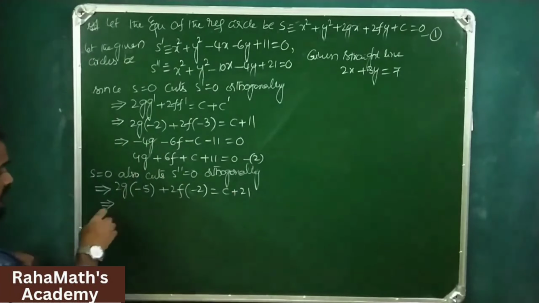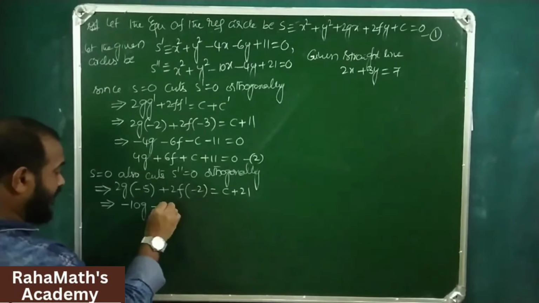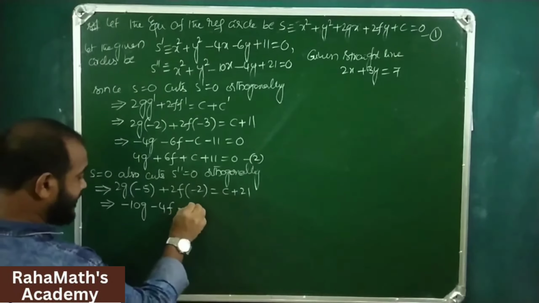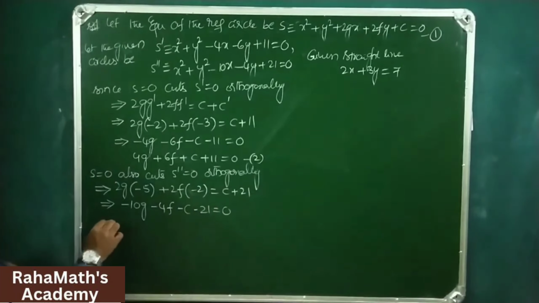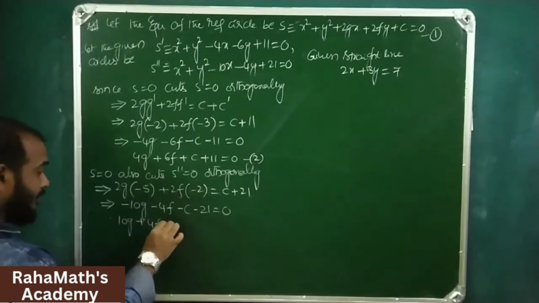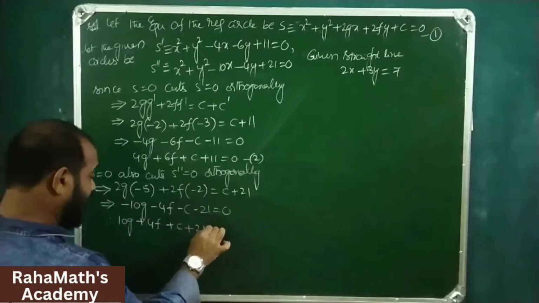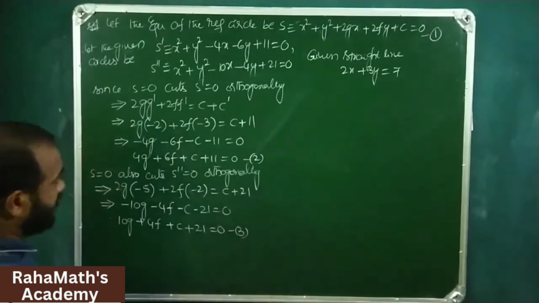This is equals to minus 10g minus 4f minus c minus 21 equals to 0. So therefore 10g plus 4f plus c plus 21 equals to 0. Let us take this to be the third one.